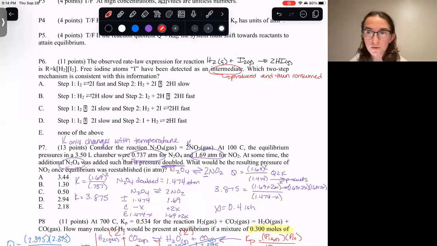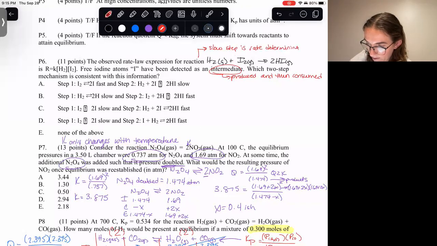And then lastly, which one is the rate determining step? The slow or fast step? Yep, your slow step is the rate determining step. Okay. So the next thing that I would do is I would almost write out all of these in like 1 and 2 steps.